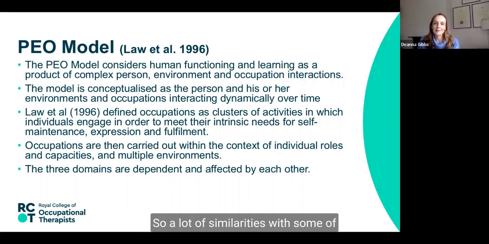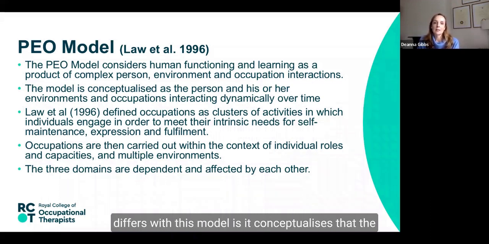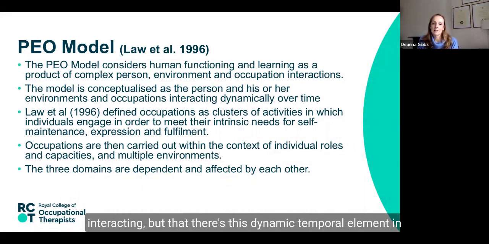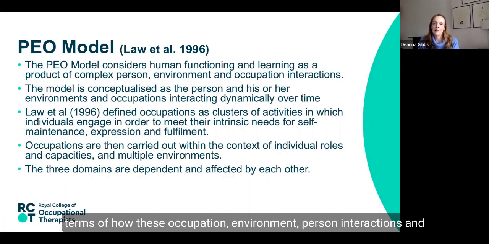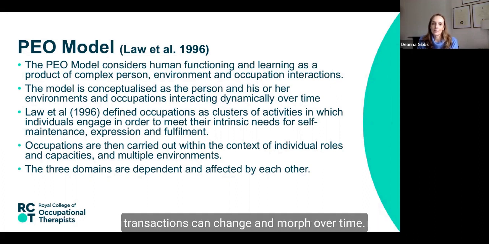So a lot of similarities with some of the models we have already looked at. I think one of the things for me that differs with this model is it conceptualizes that the person and his or her environments and occupations are interacting, but that there's this dynamic temporal element in terms of how these occupation, environment, person interactions and transactions can change and morph over time.